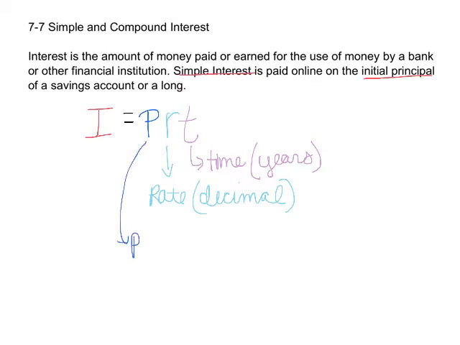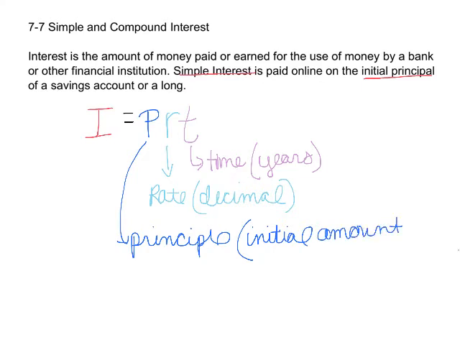So this is the principal, which is that initial amount. And then obviously I is going to be our interest. And this is going to be the equation that we remember and use throughout the rest of the time when we work with interest types of problems.